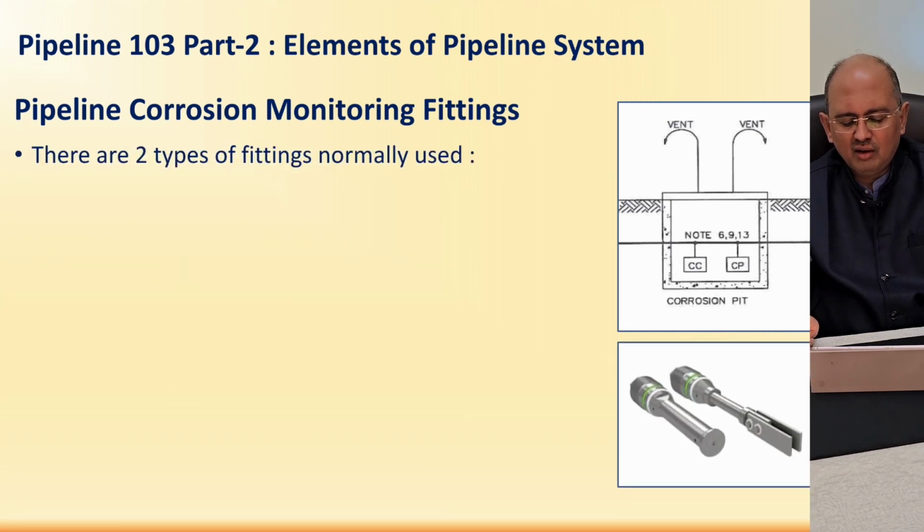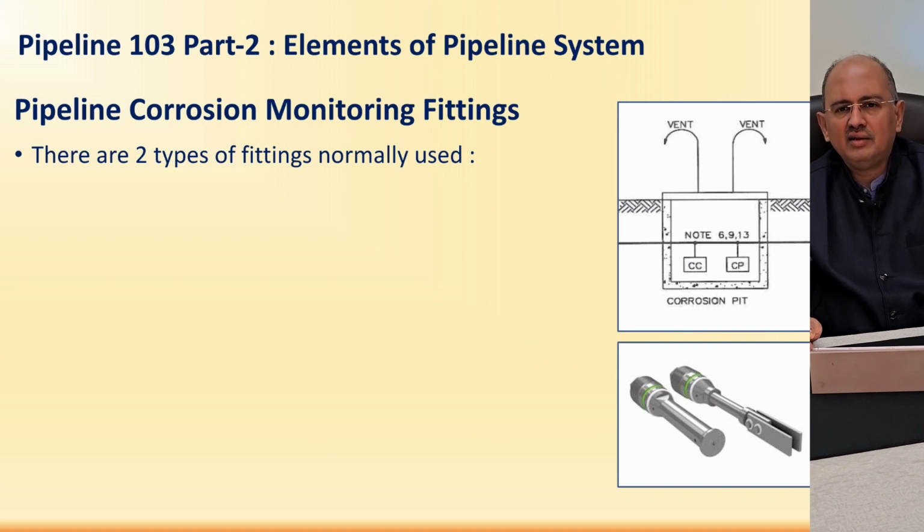There are two small tiny rods shown below in the sketch. The first one has a disc at the top, which is called a coupon, and the second one has two strips connected at some distance at the top. They are called probes. So the corrosion coupon and corrosion probe are inserted inside the pipeline, not in the flow path, but at the edge of the ID of the pipeline at the 6 o'clock position at the bottom of the pipe.